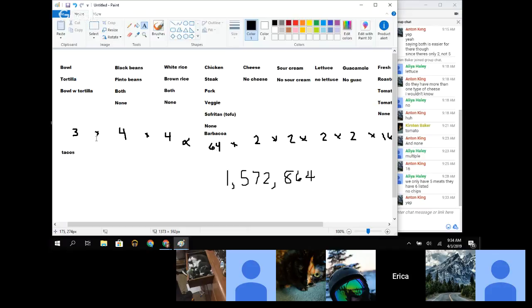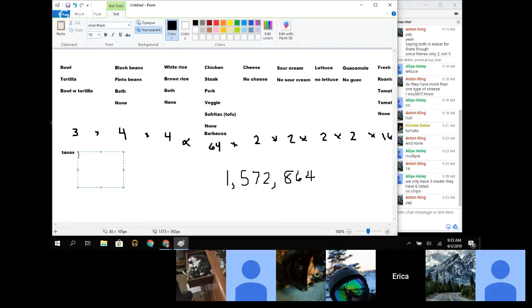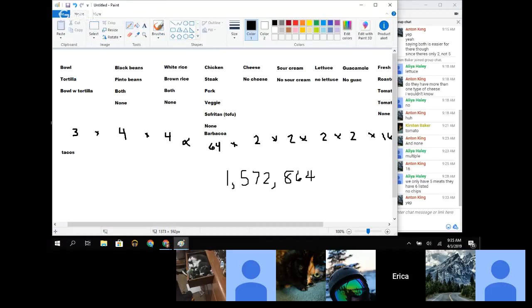Yeah. If you would add tacos in, then all of a sudden you're over 2 million combinations. It's like 2,097,152.